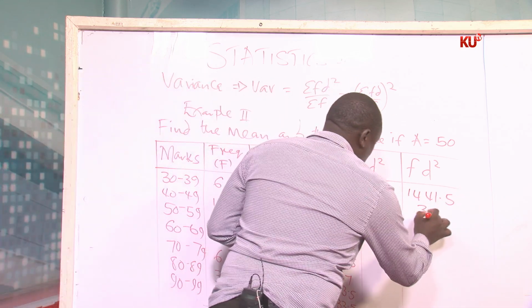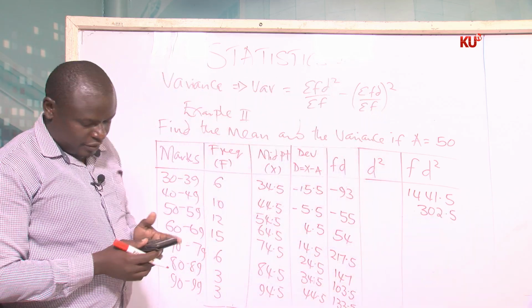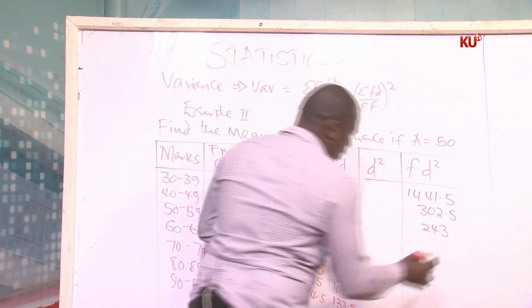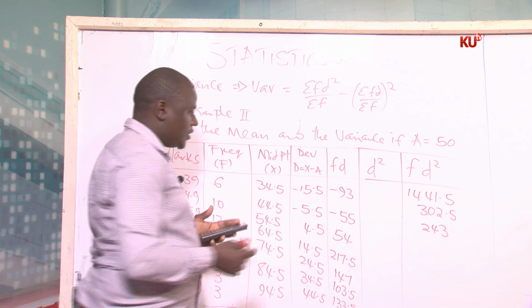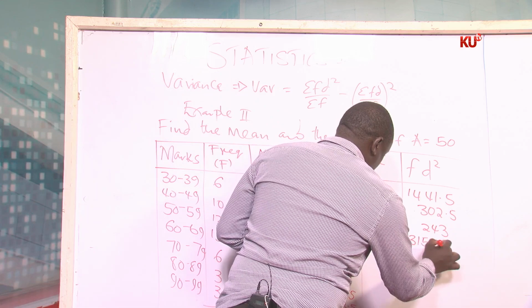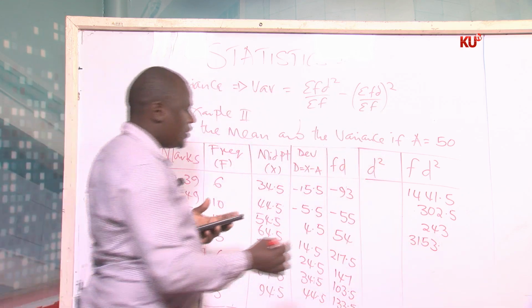You'll get 302.5. The next one is 243. I have calculated that. The next one is 3153.75.